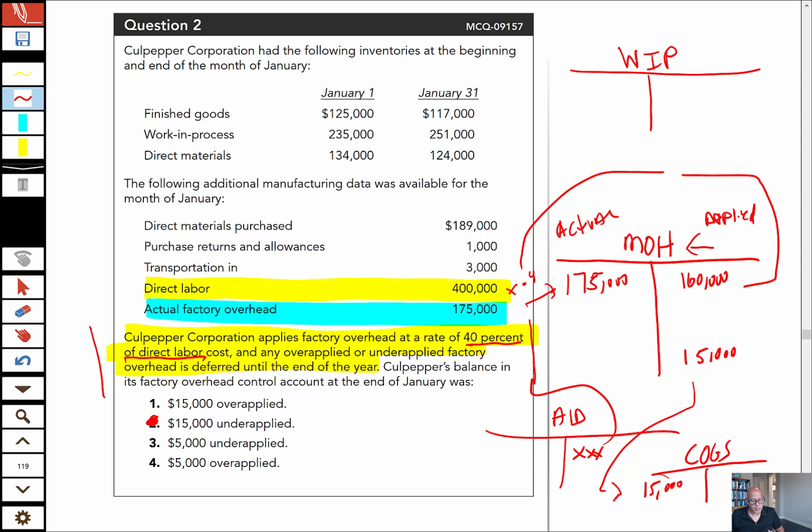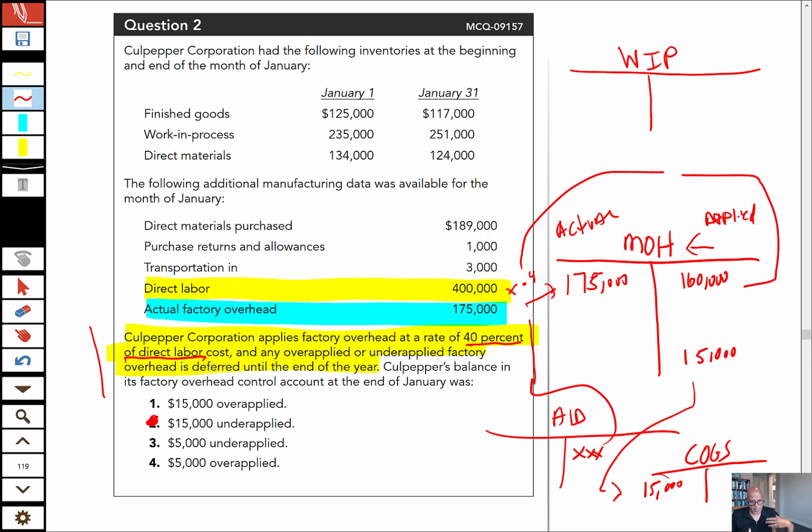Now, there is another way of allocating based on the relative amounts that are in each one of the accounts: work in process, finished goods, and cost of goods sold. Because if you think about it, some of our overhead may still be in work in process, some may still be in finished goods, and of course some is in cost of goods sold.